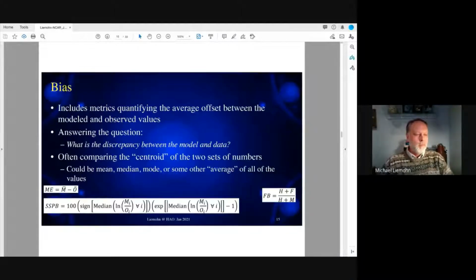There's a similar one in event detection metrics, which compares the times the model was in the state with the times that the data was in the state. That's frequency bias, which is FB over here in the corner.